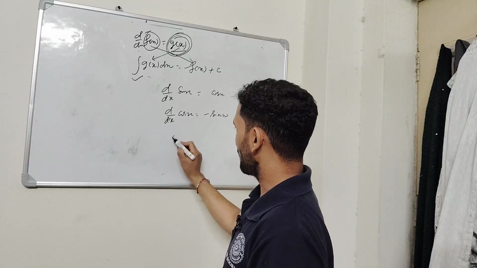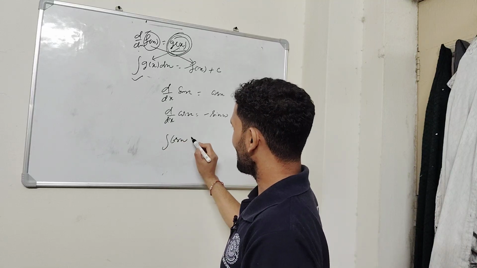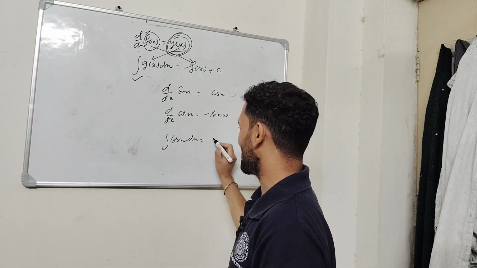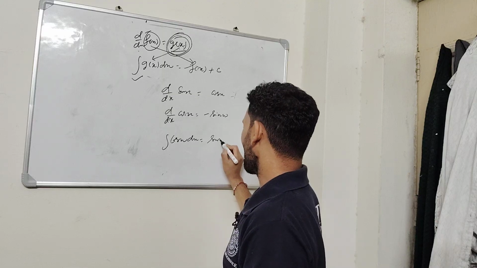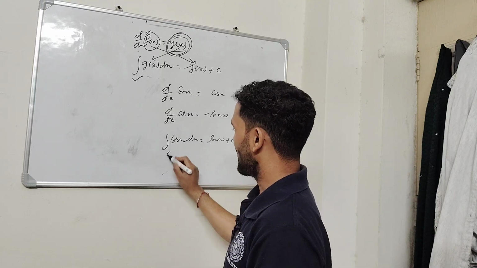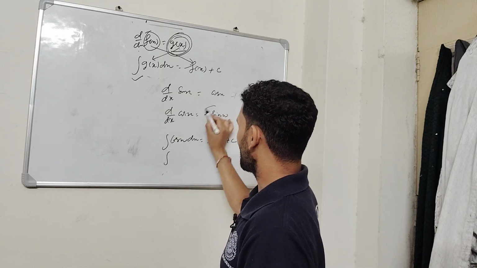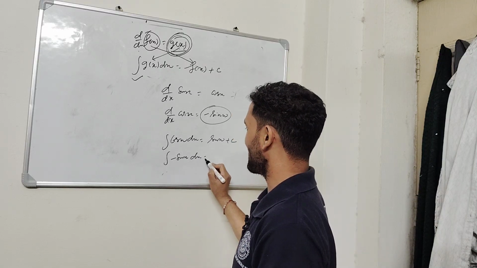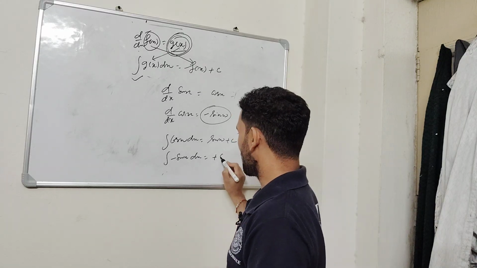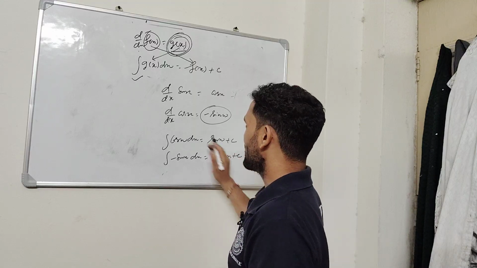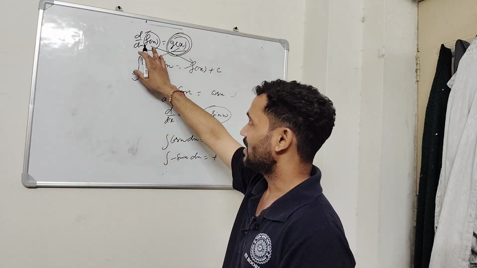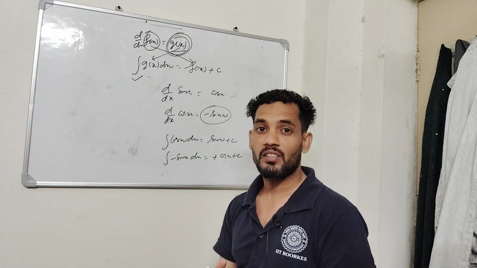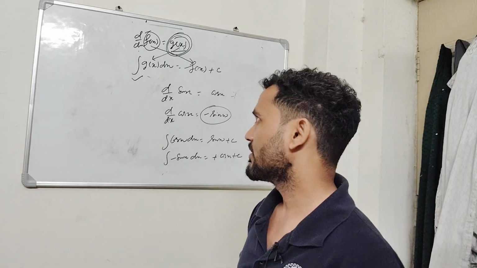So we can say the integration of cos x is equal to sin x plus c, and the integration of sin x dx is equal to minus cos x plus c. So simply we can say it is the reverse process of differentiation, right?